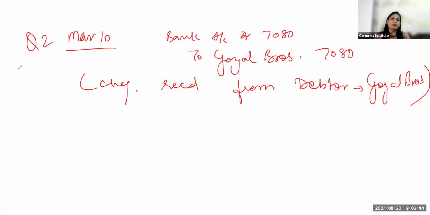Okay. Now moving on to the next transaction, March 11. Paid to Mohan Brothers by check 6,700, discount allowed by them. So this is the March 11th transaction.